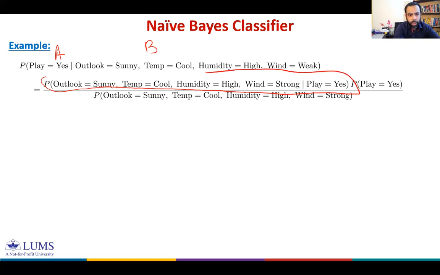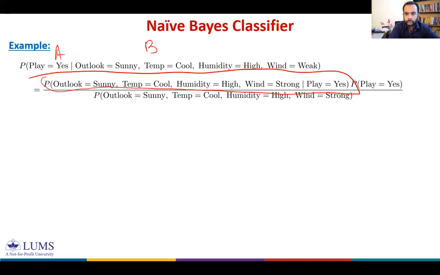This term is a joint probability of four random variables: outlook, temperature, humidity, and wind.